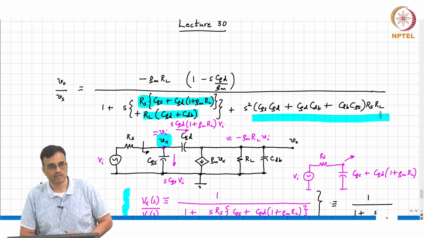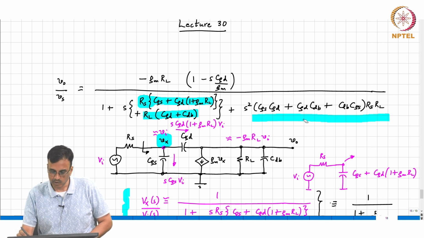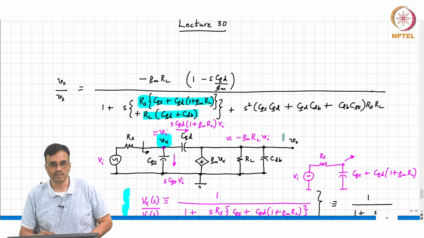This coefficient must have dimensions of time squared, so it must multiply 2 resistors and 2 capacitors. Your coaching class forgot to tell you which 2 capacitors. You do not be partial to anyone, you just take all the 3 capacitors and multiply them up 2 at a time, and then you see only 2 resistors in the picture. So, that is RS and RL.